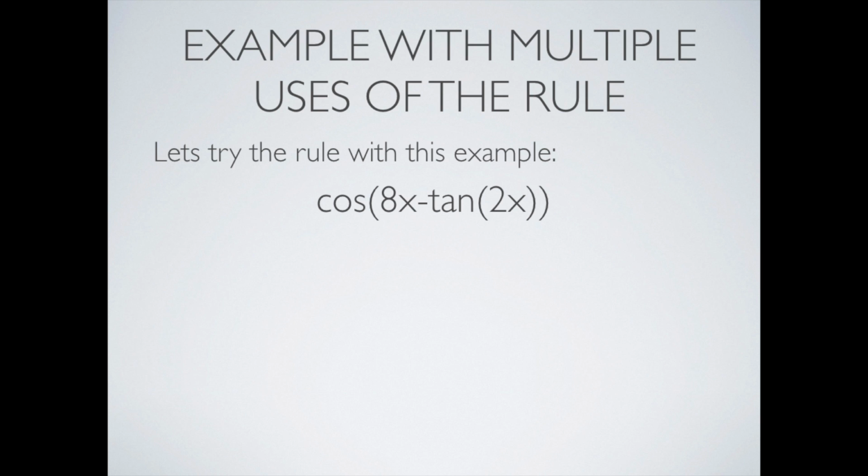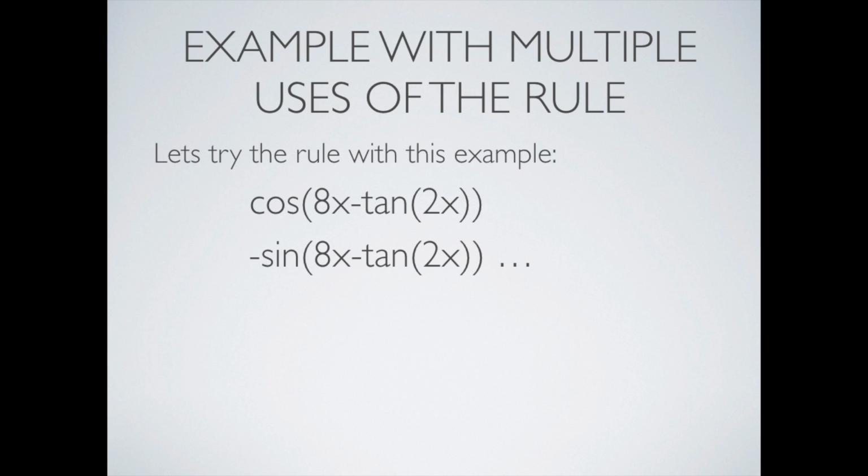So we will start by taking the derivative of the outside function, cosine, and since we know our trigonometric identities, we know that the derivative of cosine is negative sine, and we will keep the inside, which is 8x - tan(2x).